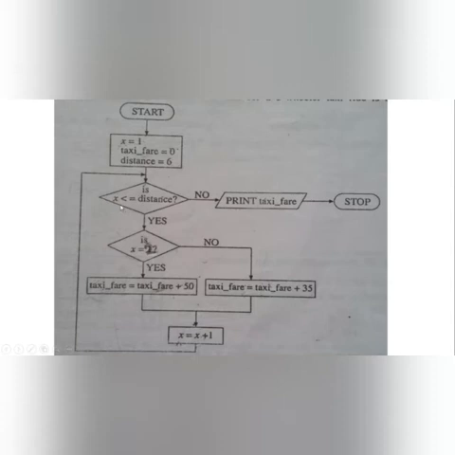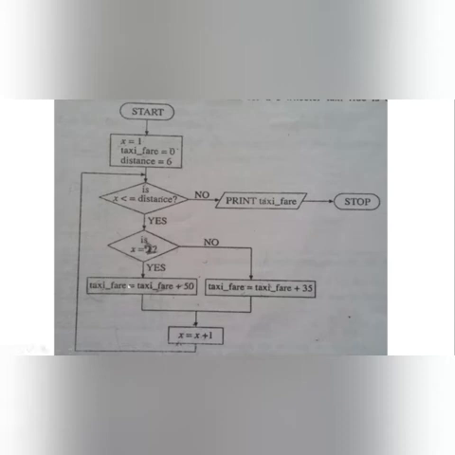Since 1 is less than 6, we say yes and move in the yes path. In the second question, they're asking us, is 1 equal to 2? No, 1 is not equal to 2. So we go in the no path.